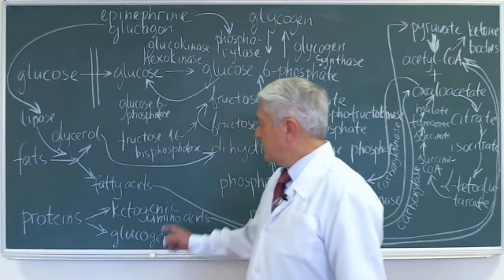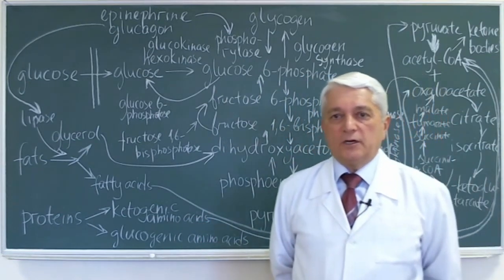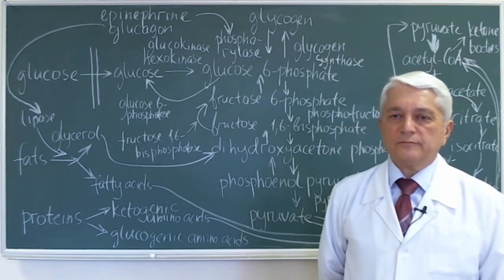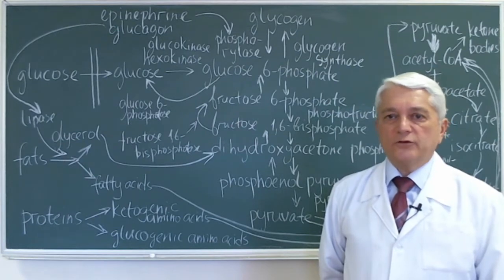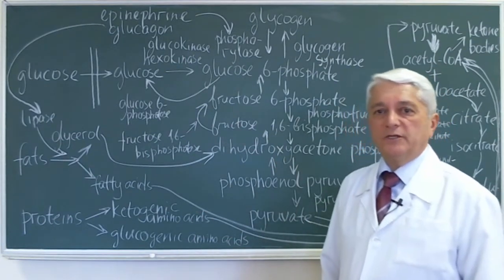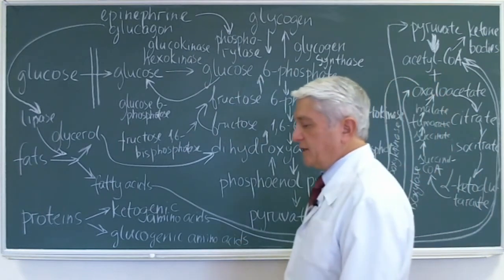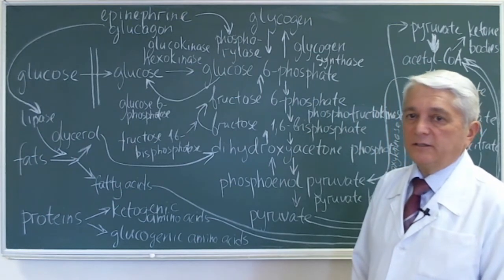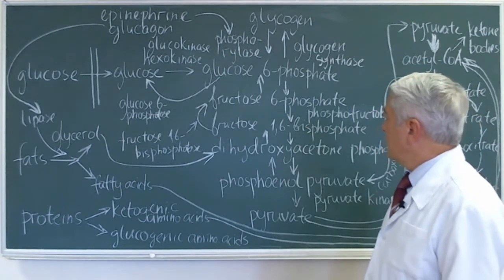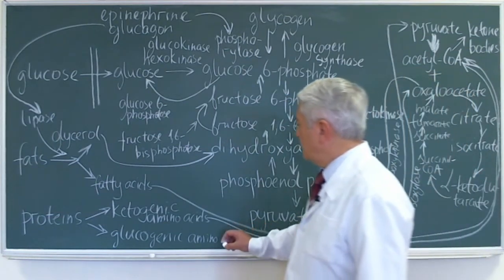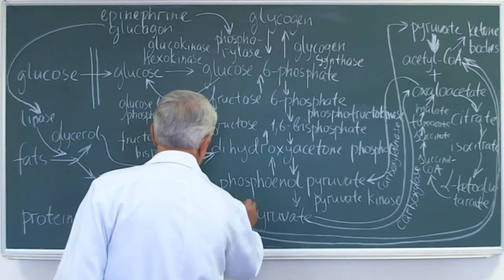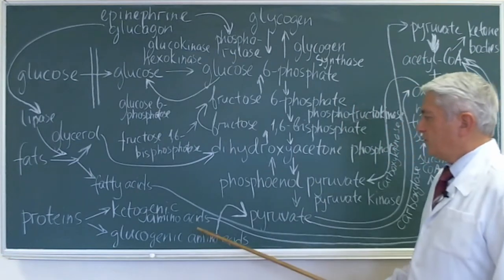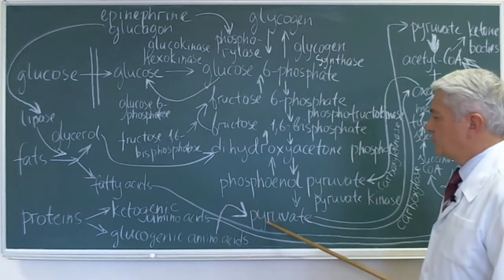Not so simple with glucogenic amino acids. Different amino acids can be transformed to different molecules of this metabolism. Let's make some examples. For example, alanine and some other small amino acids can produce directly pyruvate. Look. So very short arrow from small glucogenic acids to pyruvate.